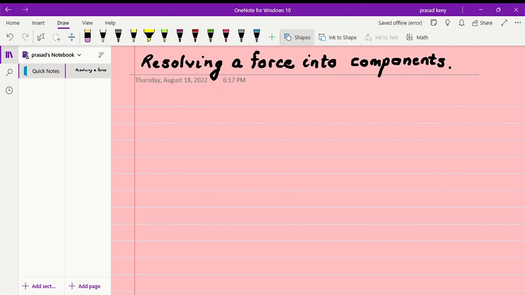Now, how do we resolve it into components? I will make it clear by giving you this example. I'm drawing a right angle triangle here.